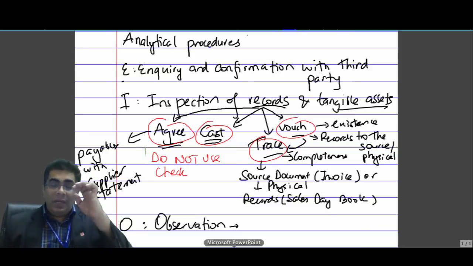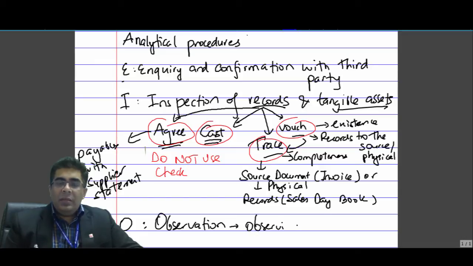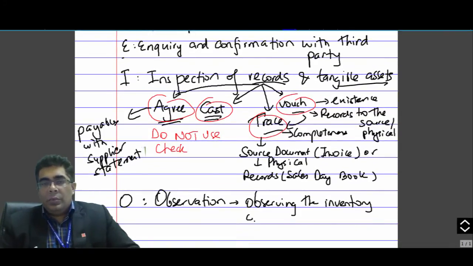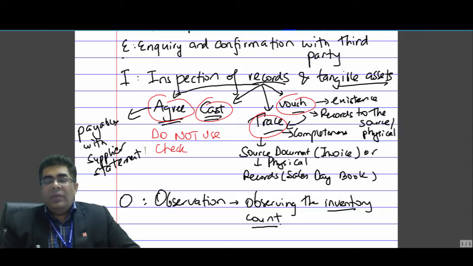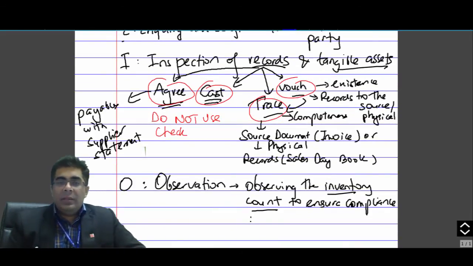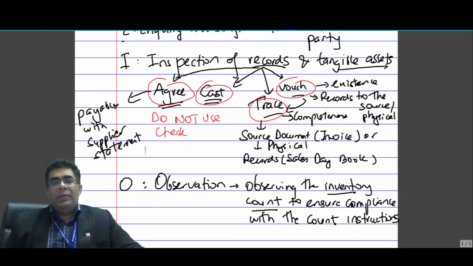You are observing, for example, the inventory count to ensure compliance with the count instructions. That will be your observation.